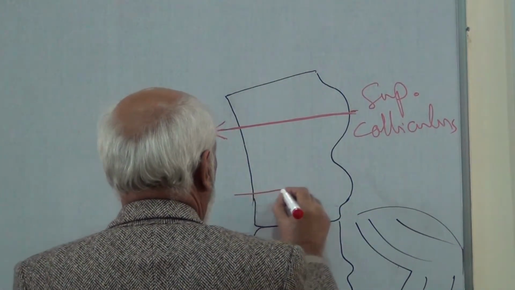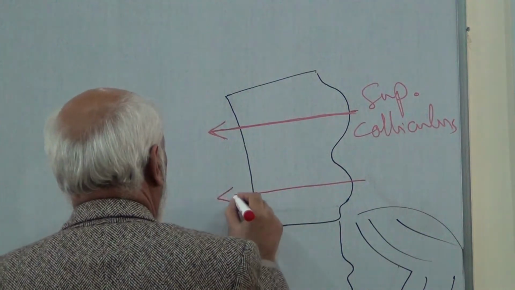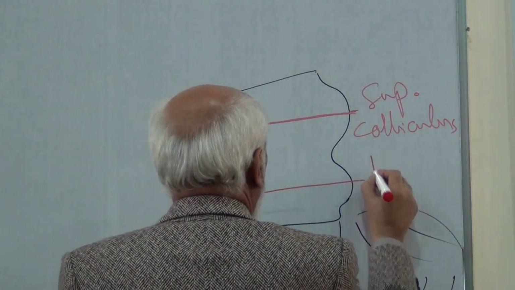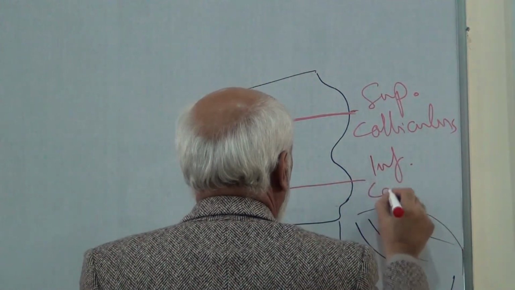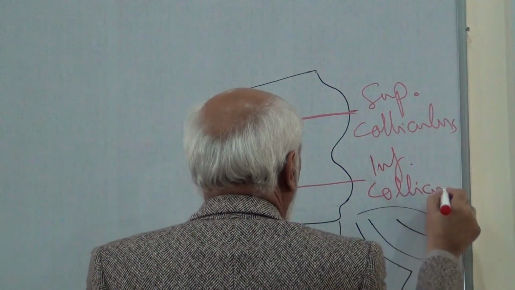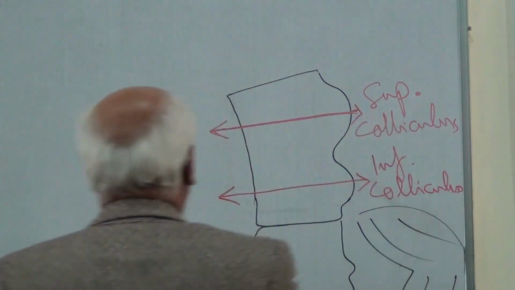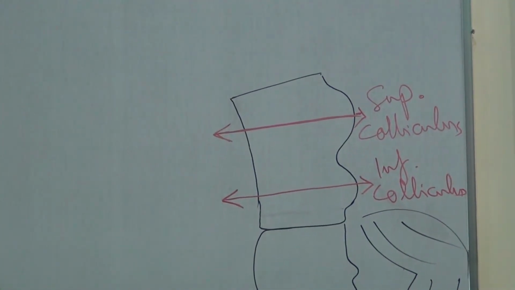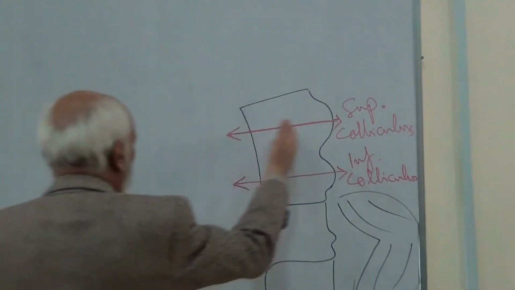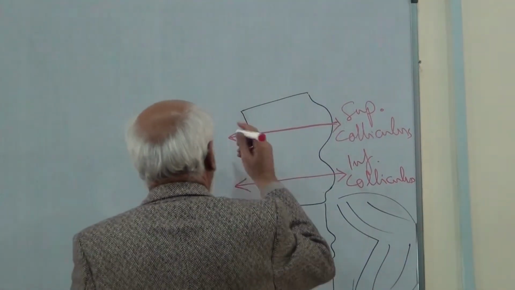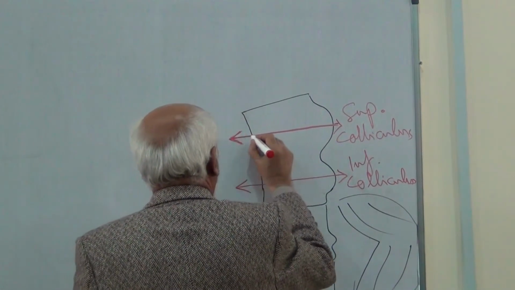And we will study the lower part of the midbrain, a section cut at the level of inferior colliculus. Now we will first cut a section of the midbrain at the level of superior colliculus or through the upper half of the midbrain.